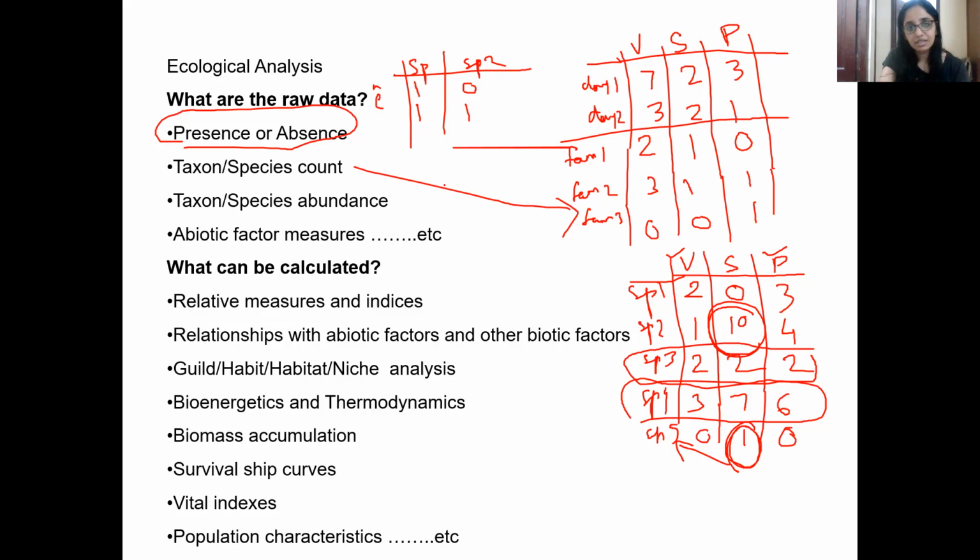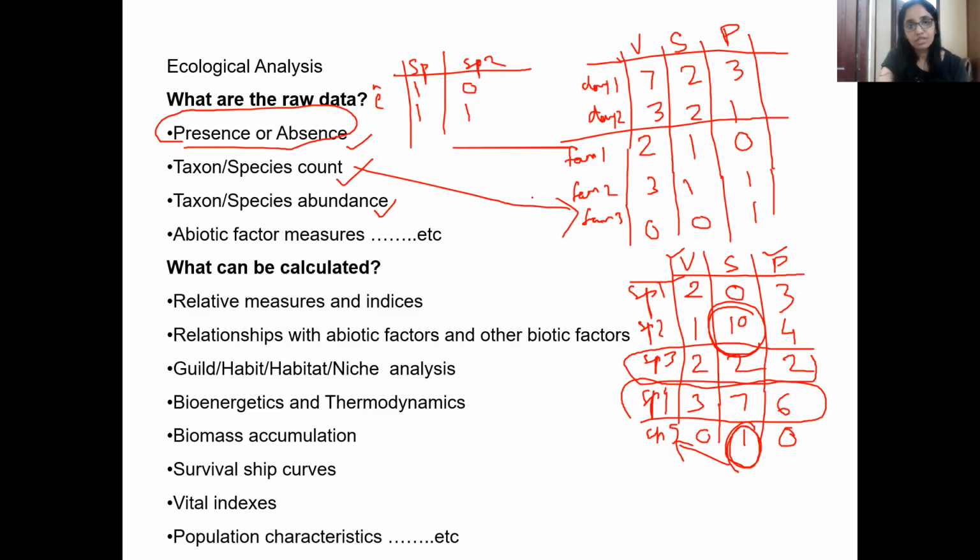So ecological data, whether it is presence or absence, count or abundance, will become very important when you start analyzing not only the community structures and the population structures, but also the interactions between the abiotic and the biotic environments.